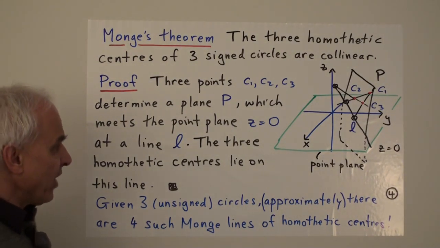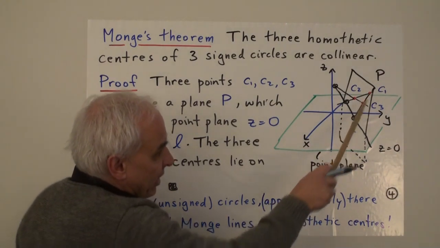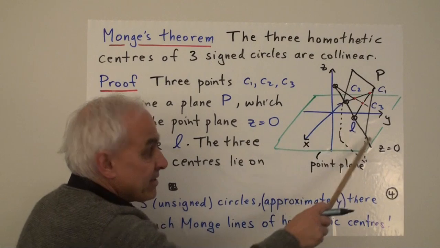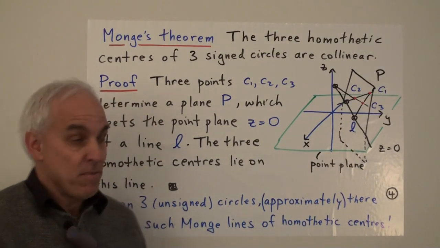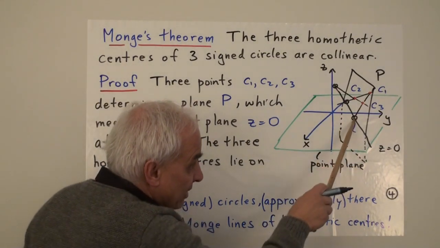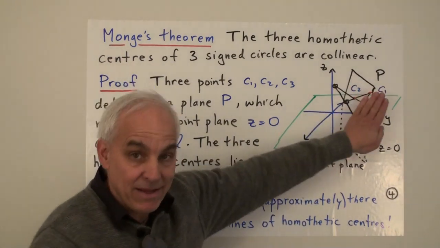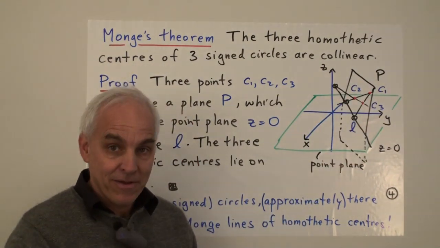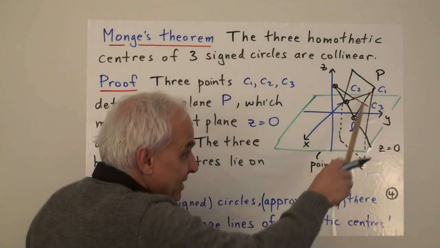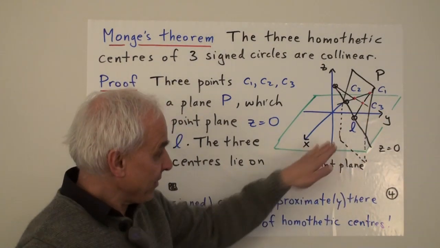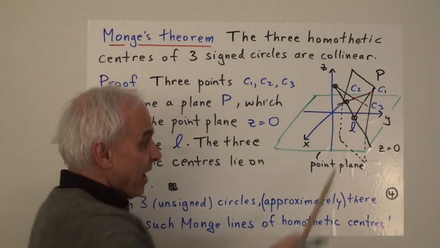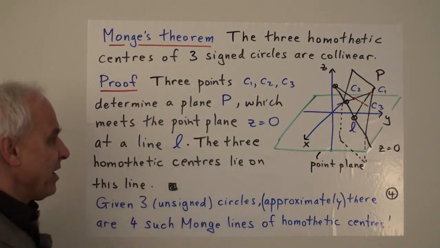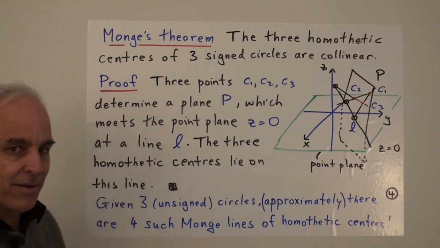And now it's obvious that the places where these 3 lines meet the point plane are all going to be on this line L, because each one of these lines individually lies in P, and P meets the plane in this line L. So the places where any one of these individual lines meet the point plane has to lie on L. So the 3 homothetic centers lie on this line.